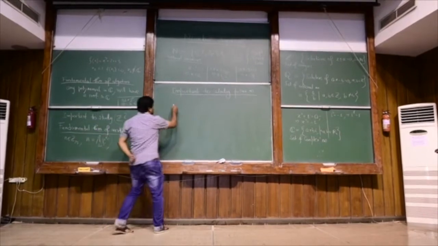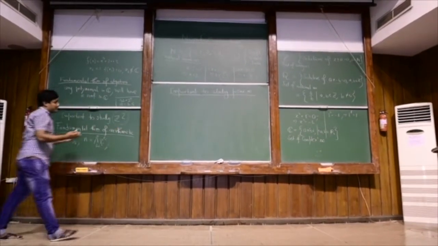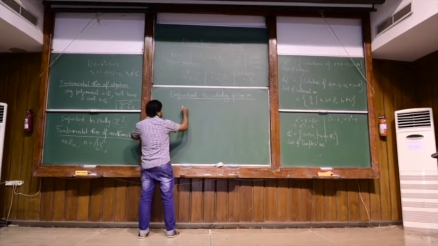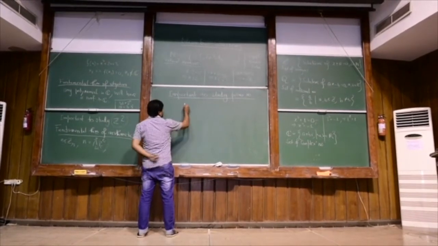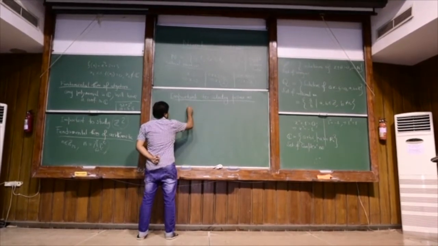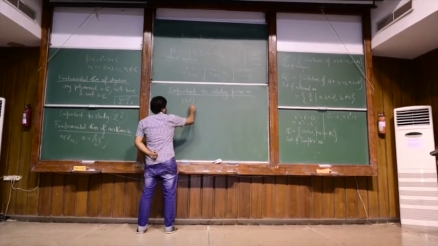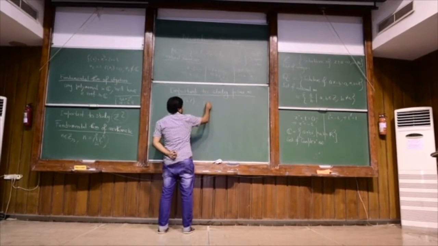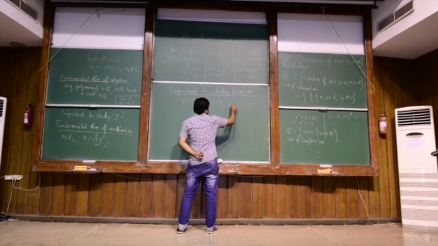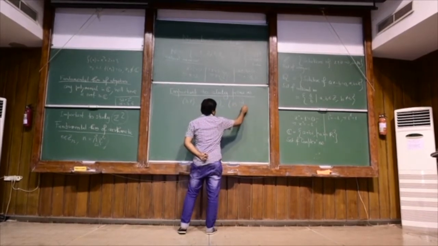Somehow prime numbers are very mysterious. Let me say, for example, suppose I take 5, 7, and then suppose I take 11, 13, and in this way I go around, 17, 19.